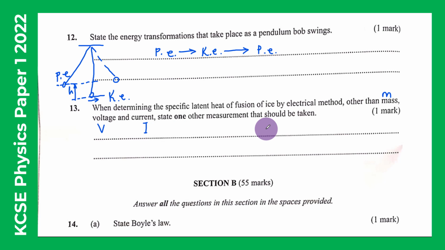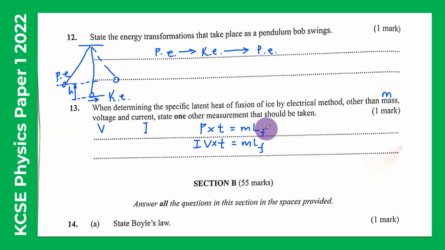Of course, we know that the heat energy is going to be equal to power of the heater times time, which is going to make a certain mass of ice melt multiplied by the specific latent heat of fusion. So this power is current times voltage, which has been measured, times time, is equal to m LF.